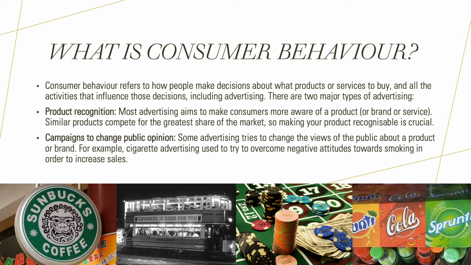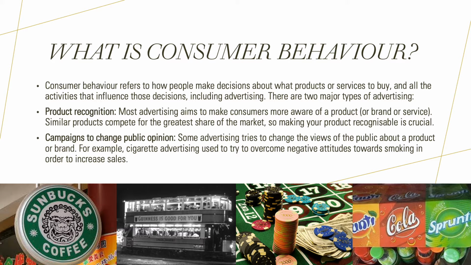And then if you look at the 2 pictures in the middle, those are 2 examples of campaigns to change public behaviour. The first one, the bus in the middle, says on the side of it, Guinness is good for you. So obviously alcohol, we all know the effects of alcohol, we know it's not healthy, we know it's not the best thing to drink.